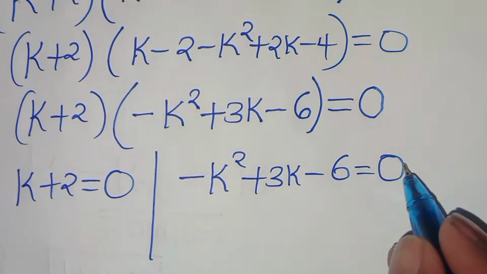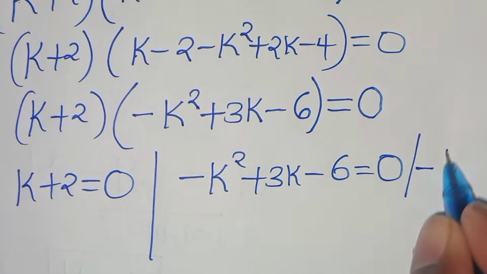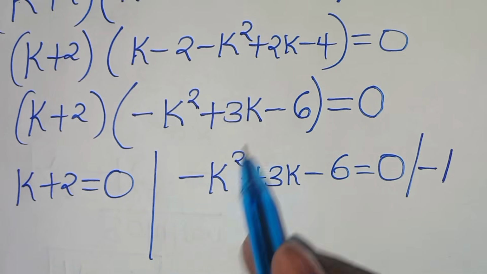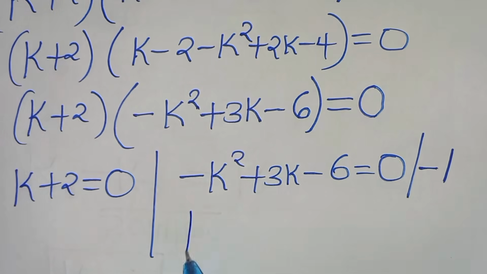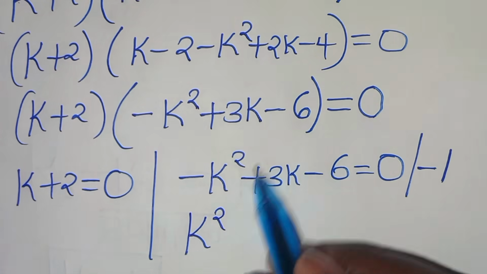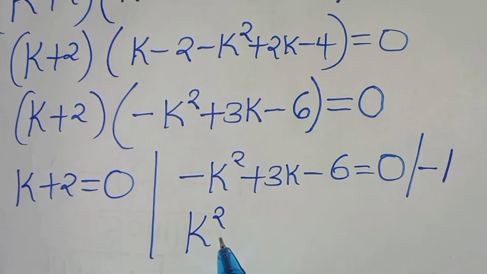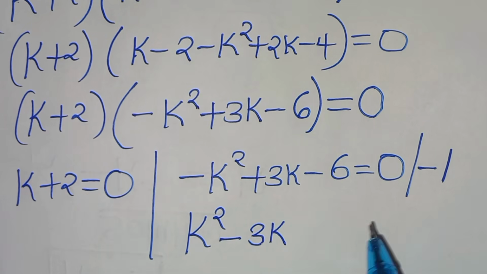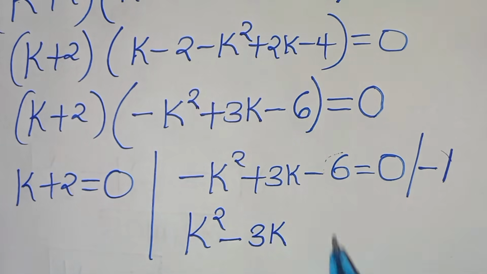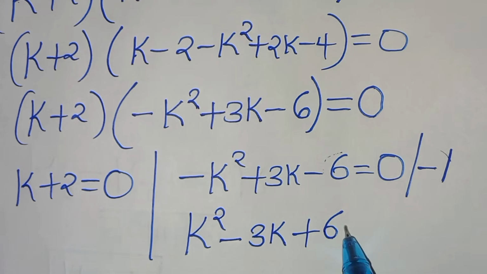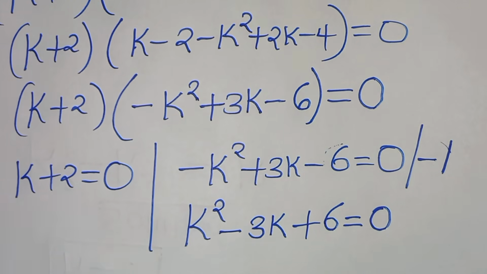Let's divide both sides by minus 1. So this is minus k squared divided by minus 1. This is k to the power of 2 plus 3k divided by minus 1. This is minus 3k minus 6 divided by minus 1. This is plus 6, and this is equal to 0.